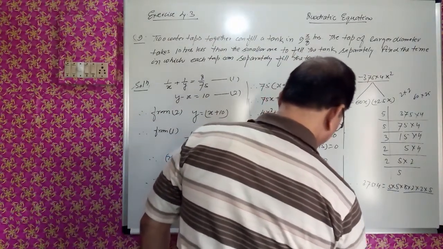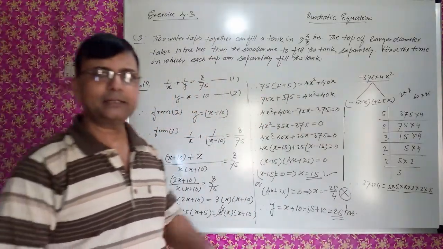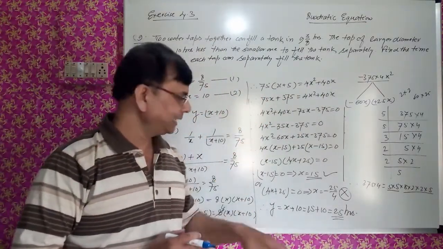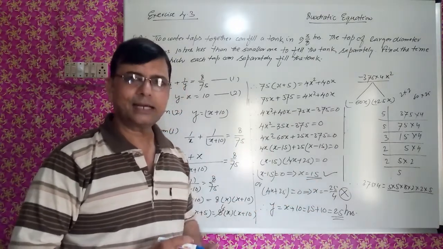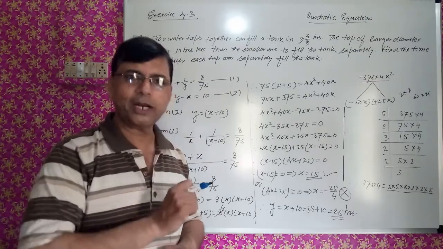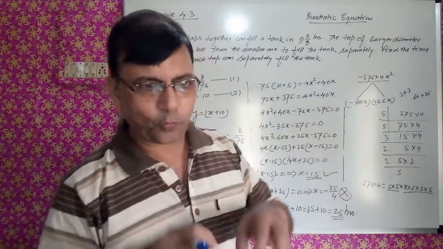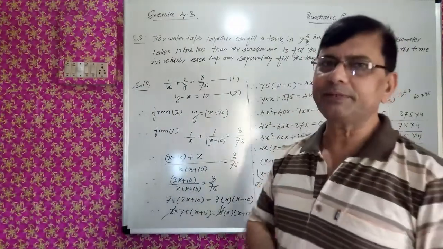So this is the answer. The time taken by the tap with larger diameter is 15 hours, and the time taken by the tap of the smaller diameter is 25 hours if they are opened separately to fill up the tank.